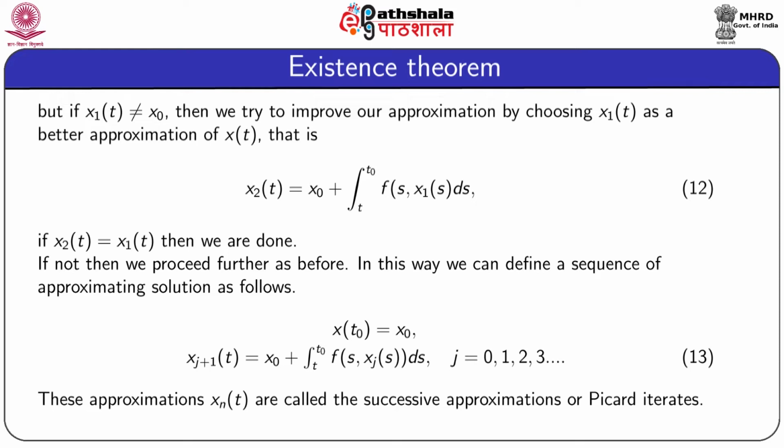If not, we proceed further as before. In this way, we can define a sequence of approximate solutions as follows: x j plus 1 t equal to x 0 plus the integral from t 0 to t of f s, x j s ds, where j equal to 0, 1, 2, 3 and so on, given by equation number 13. These approximations x n t are called the successive approximations or Picard's iterates.